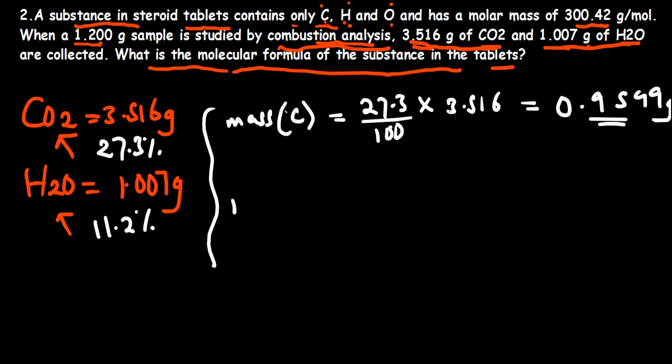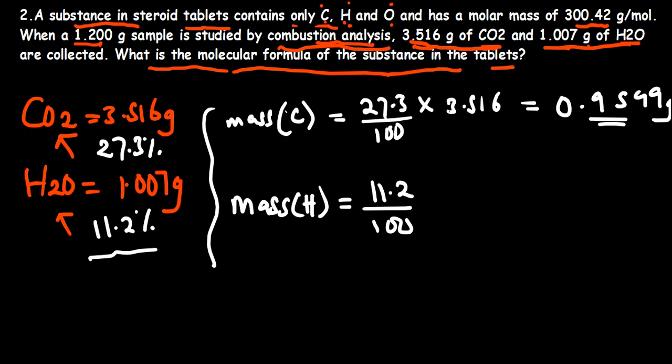Okay, and then what about the mass of the hydrogen? For the mass of the hydrogen, we use 11.2%, so it will be 11.2 divided by 100, and then we multiply by the mass of water, which is 1.007. Let's punch this into our calculators.